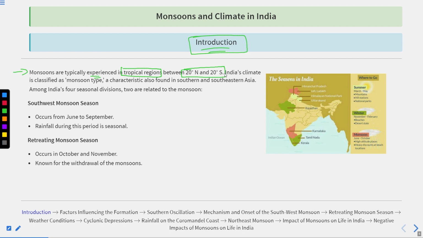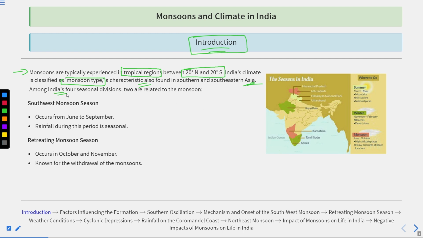India's climate is also one of them and is classified as a monsoon climate due to our position between these two latitudes. This is also a characteristic found in South and Southeast Asia. It means not only in India, but South and Southeast Asia also have the same condition.